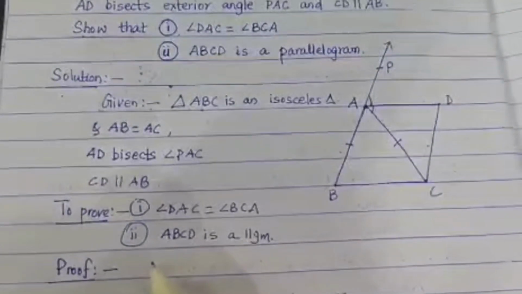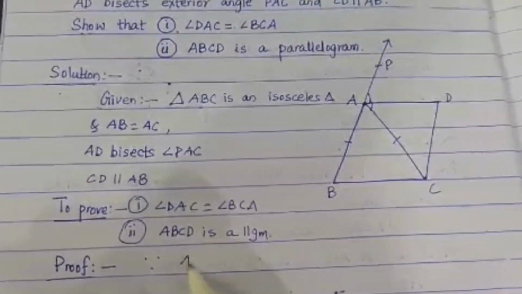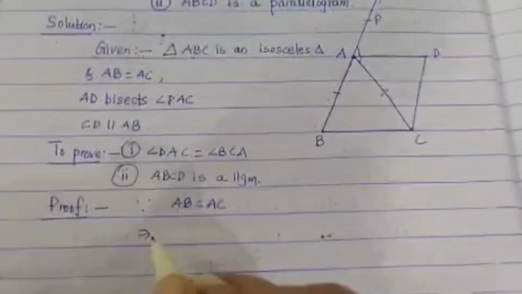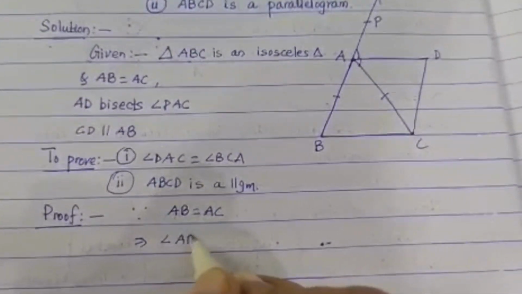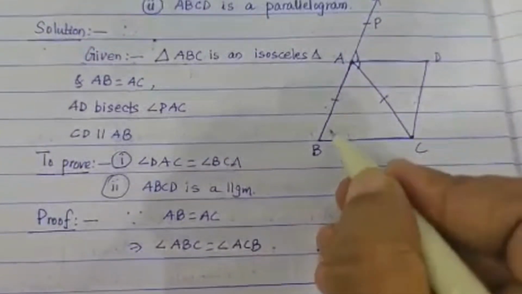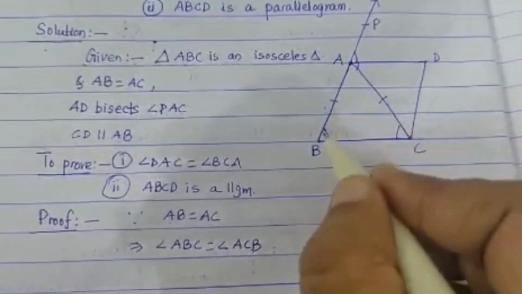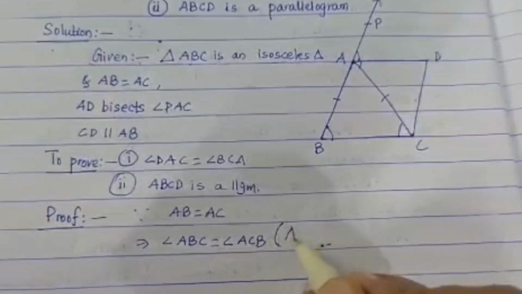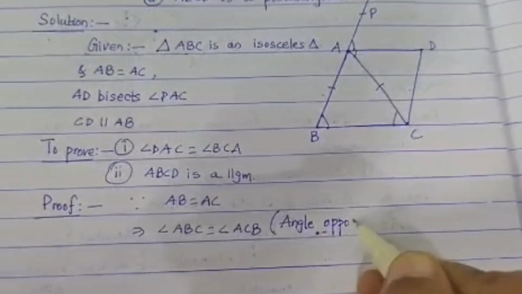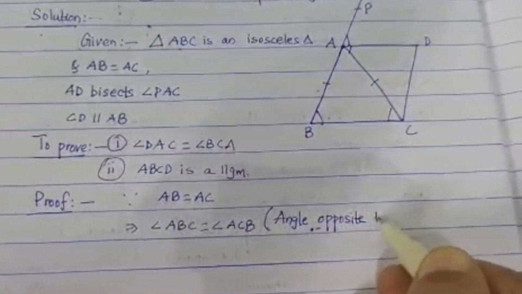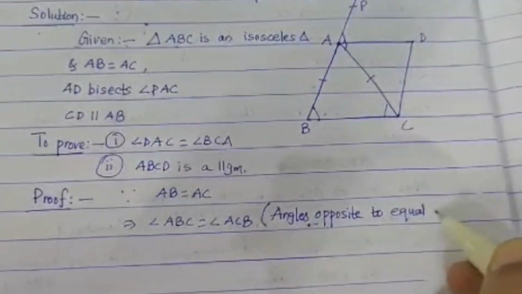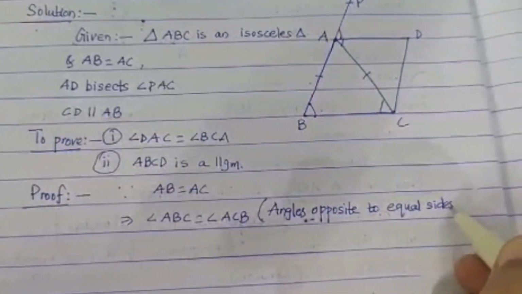Since AB is equal to AC, this implies angle ABC is equal to angle ACB, angles opposite to equal sides.